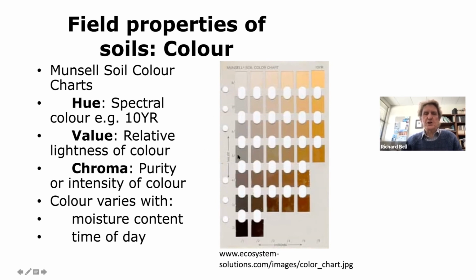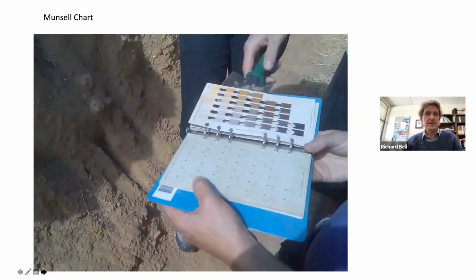And according to the chroma or the intensity of colour, where on the left is grey shades and becoming more intense as you go to the right. Soil colours will vary a little bit with time of the day and also whether it's a dry soil or a moist soil. And that's what the book looks like. And what you're doing is a matching.